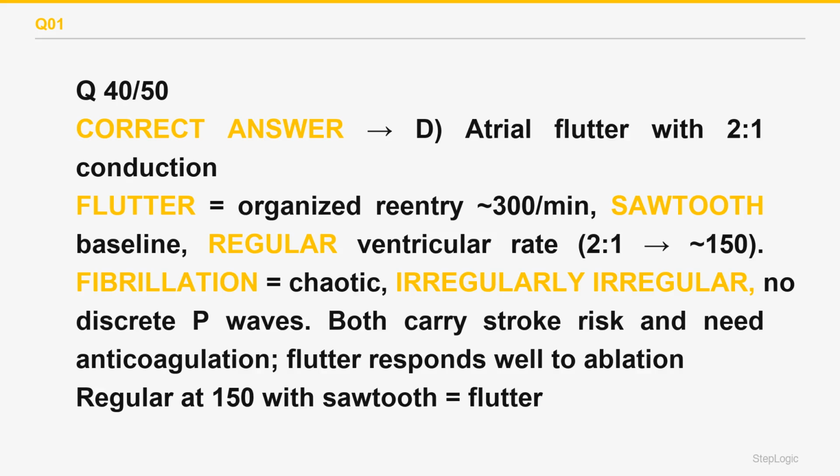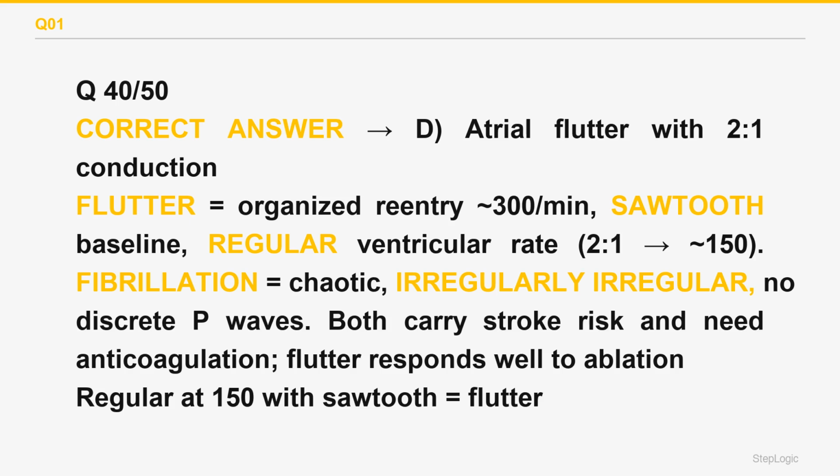The correct answer is D. A regular, narrow-complex tachycardia at almost exactly 150 should always raise flutter with 2:1 conduction, because the second flutter wave hides within the QRS or T wave and is easily missed. Vagal maneuvers or adenosine transiently increase the block and reveal the sawtooth.